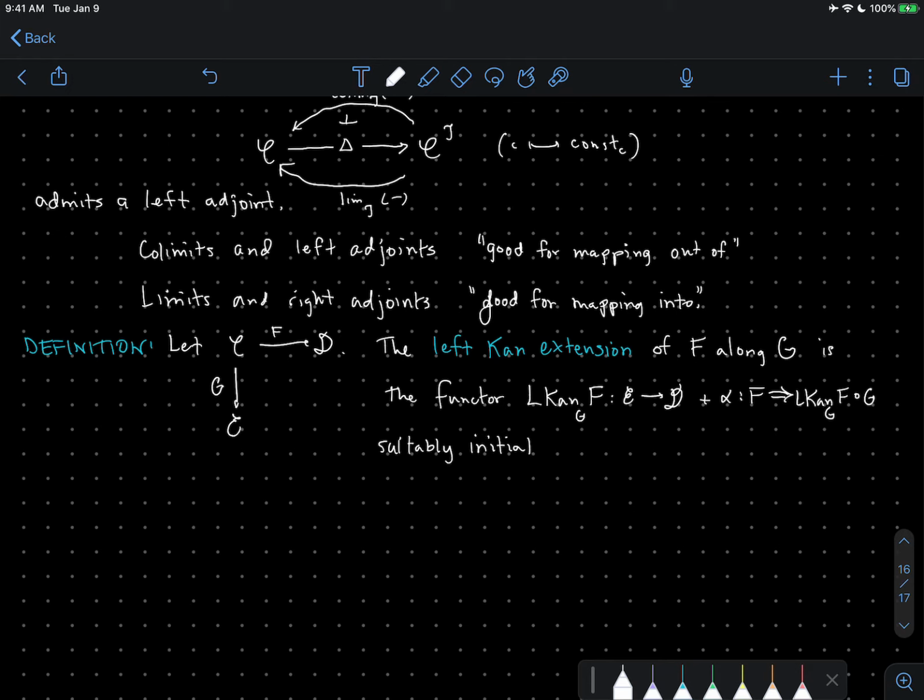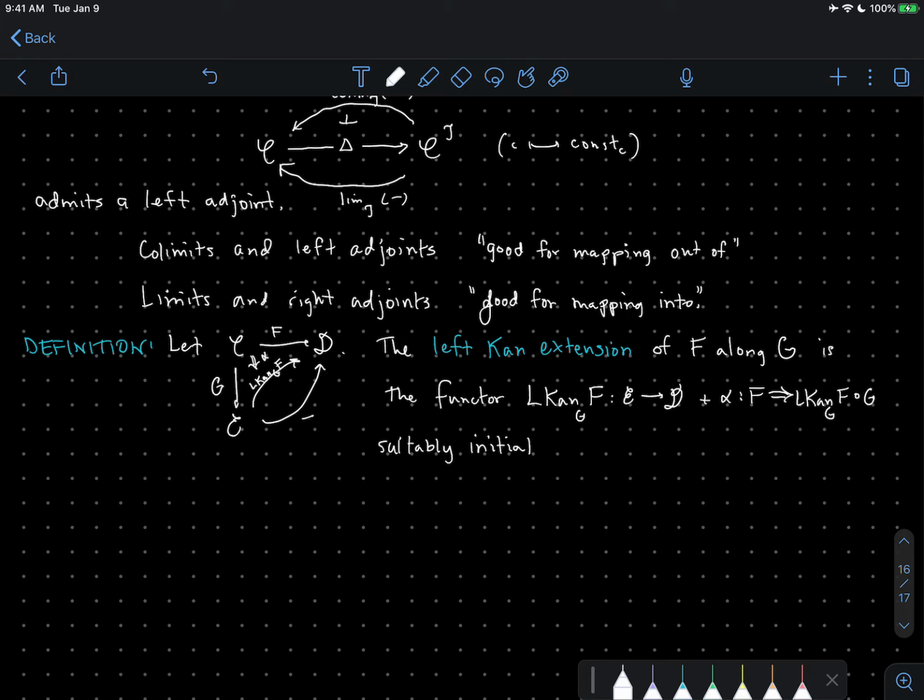And the initiality is going to be indicated in this diagram. So here is our Kan extended functor. Here is our alpha. Here is some other functor, I don't know, what's a good name for a functor?